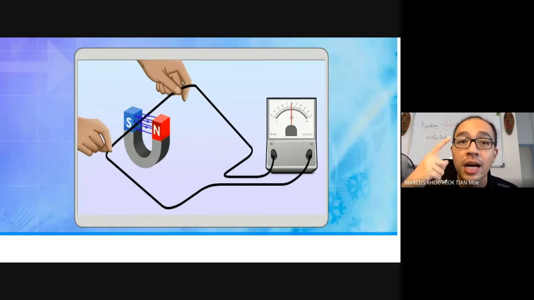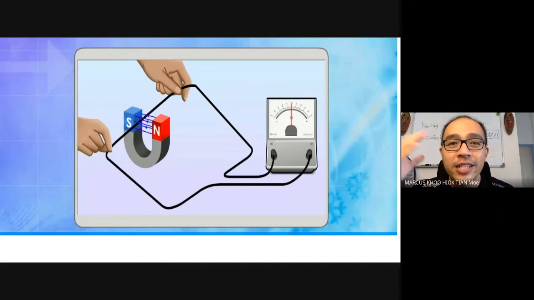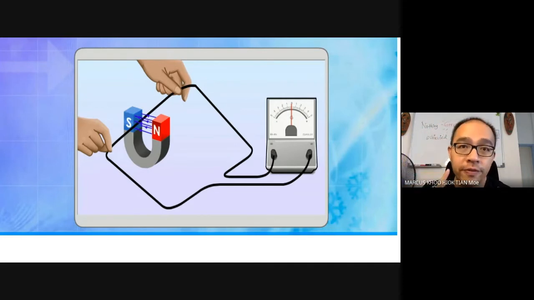Because the condition for induced current is the cutting of the magnetic field lines, the cutting of the magnetic flux. Mesti terpotong. Bukan potong dan stay di sana saja. Kalau kau potong stay di sana, the galvanometer will terpesong and come back to zero, because your wire has stopped moving. Your conductor must keep moving in order to produce the current.